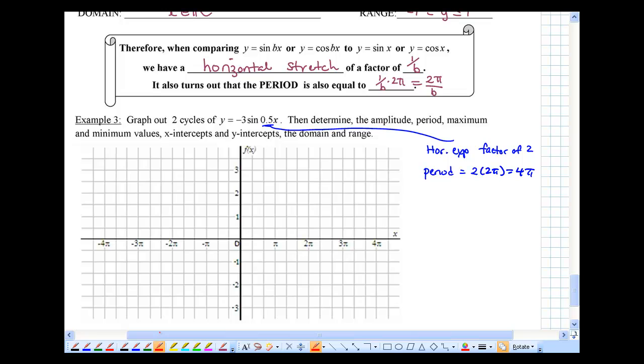That negative, that must be a reflection in the x-axis because it's in front of the sine. Okay. Oh, that 3 seems to be a vertical expansion by a factor of 3. Well, that just means my amplitude equals 3. Okay, I got all this stuff now. Alright, let's try to graph this out.